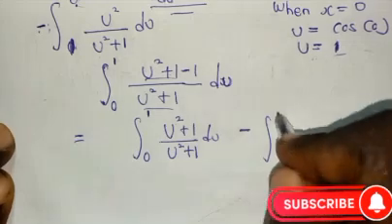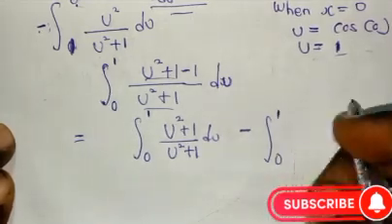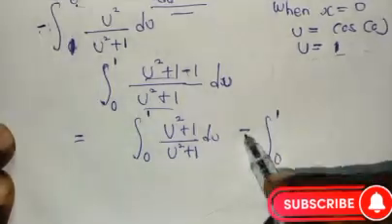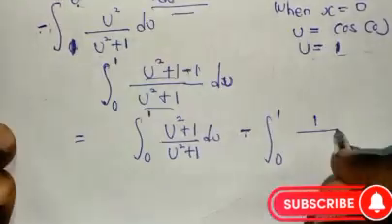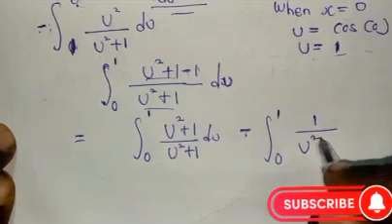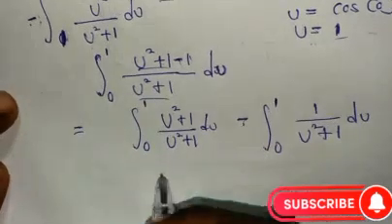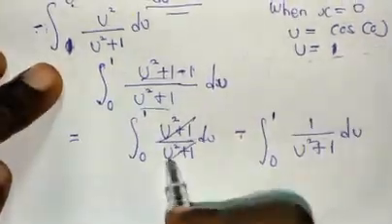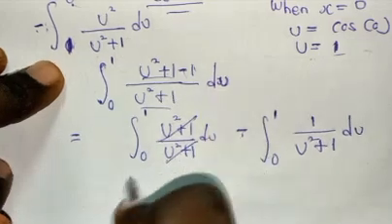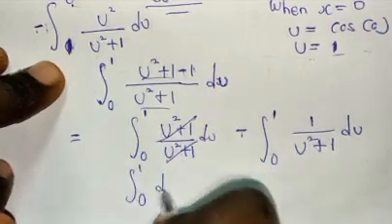So the second side, we are going to have upper limit of 1, lower limit of 0. This negative sign, this is it. And the 1, we have 1 over the denominator, which will still be the same, u squared plus 1 du. So here now, this will cancel out, so we have to integrate du.